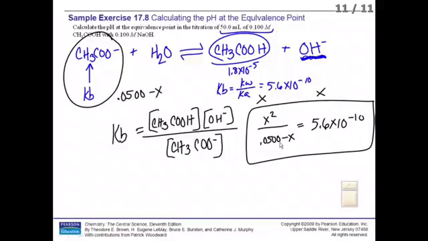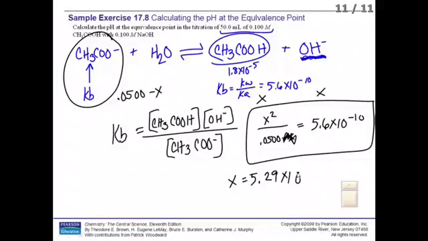But luckily for us, it is way less than even 1%. So we get rid of the x in the denominator, and x squared is equal to 0.05 times 5.6 e negative 10. Figure out the answer, and then take the square root of that.